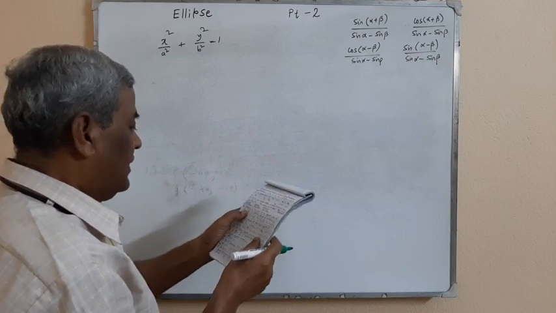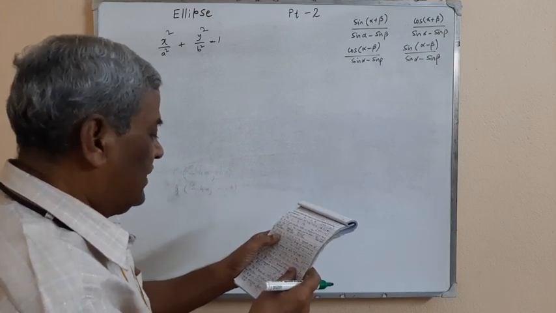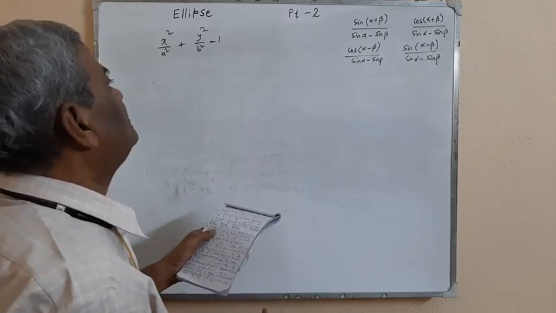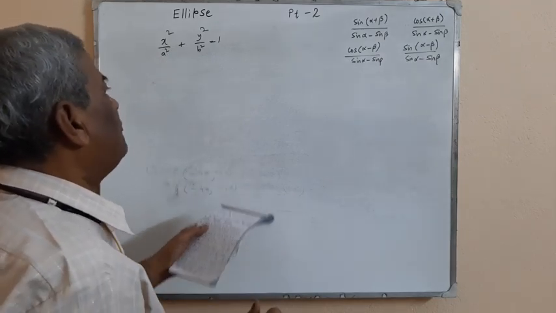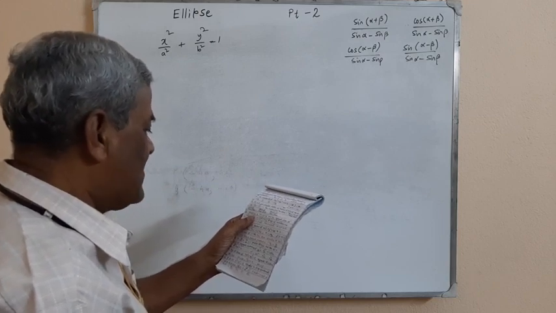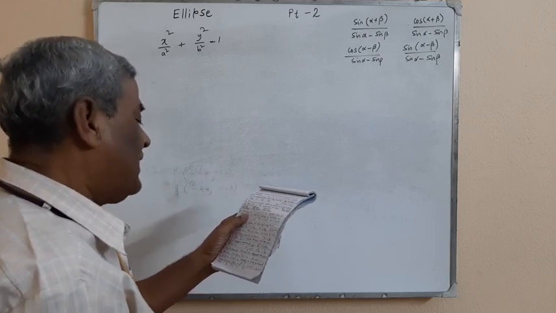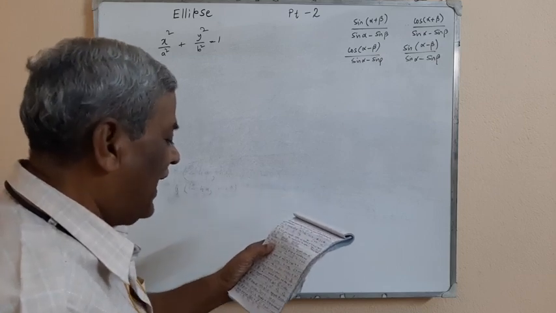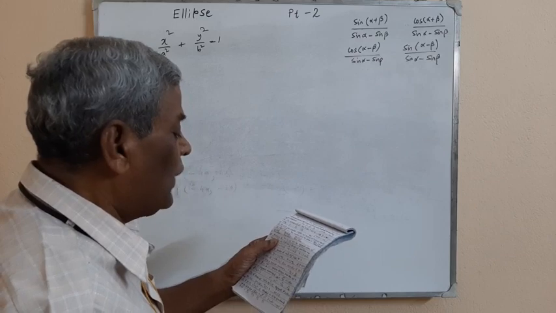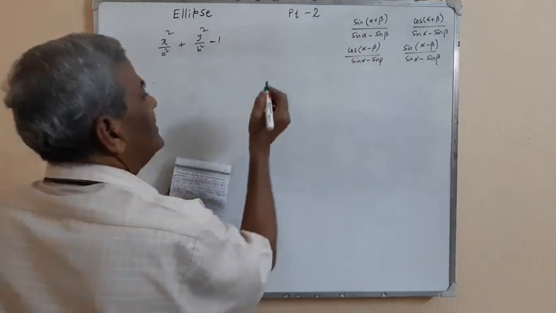So the problem is: the equation of an ellipse in standard form is given, and alpha and beta are eccentric angles at the two ends of a focal chord.